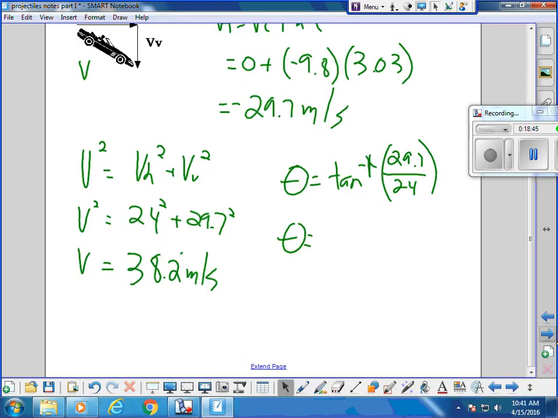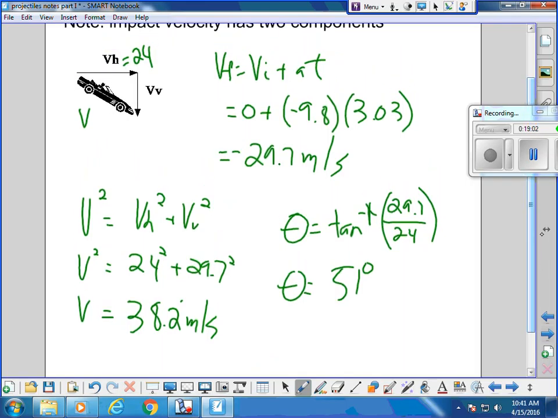51 degrees? Now, how would you describe the angle? Like north, south, what part is that? 51 degrees. In these kind of things, you would say this angle here is the 51, right? That angle up there in the corner.